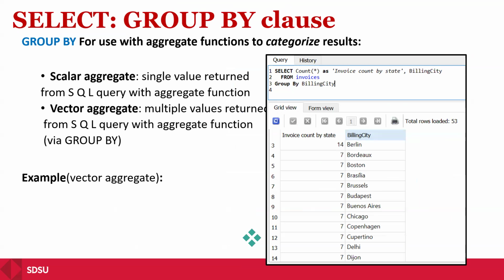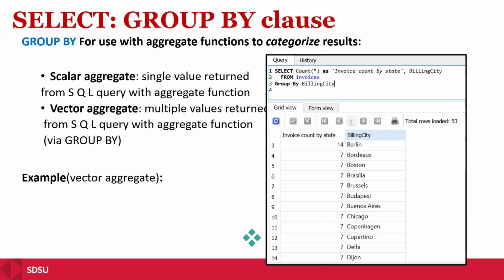Group by clause. The group by clause is a little complicated. We use group by when we need to categorize results by certain aggregate functions. We talked about aggregate functions. Those can be min, max, average, count, things like this.